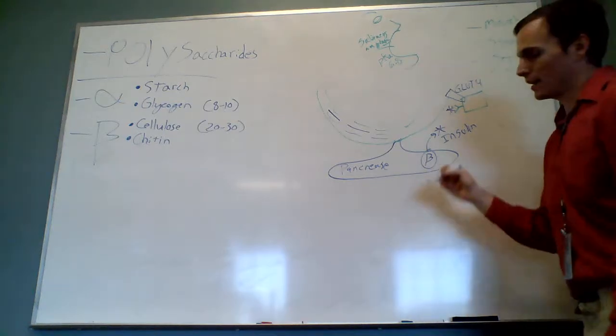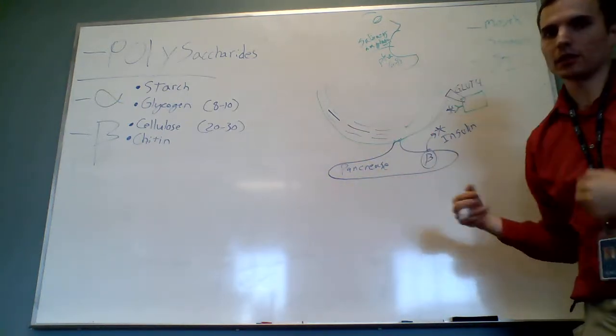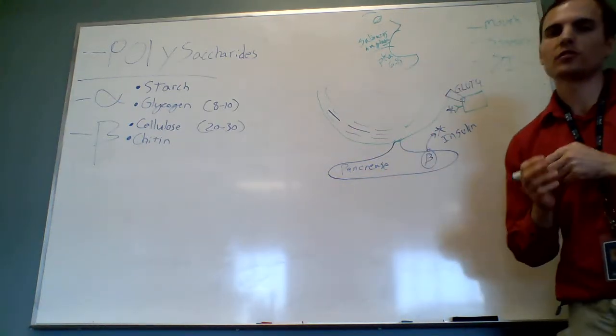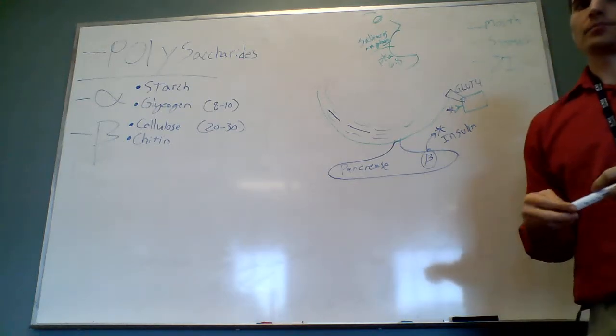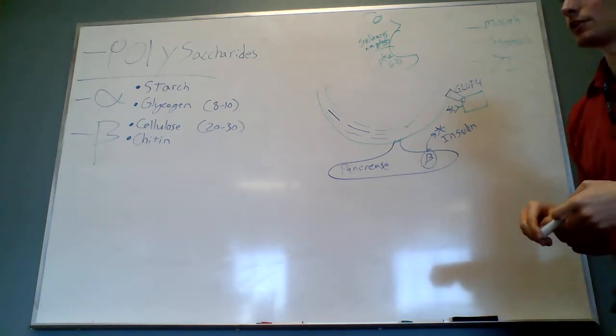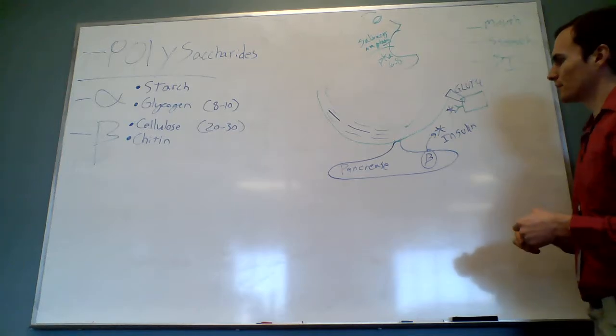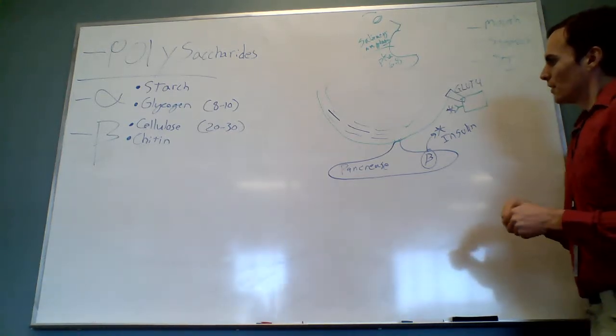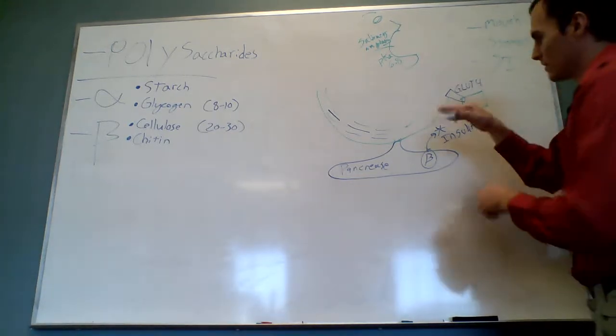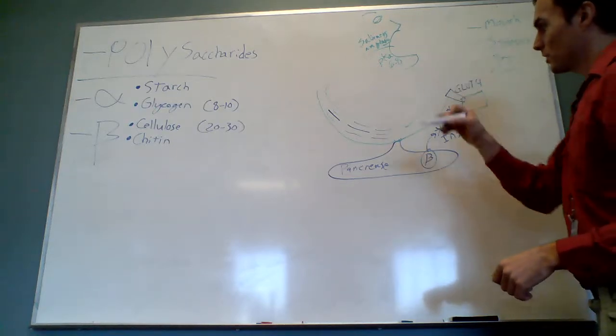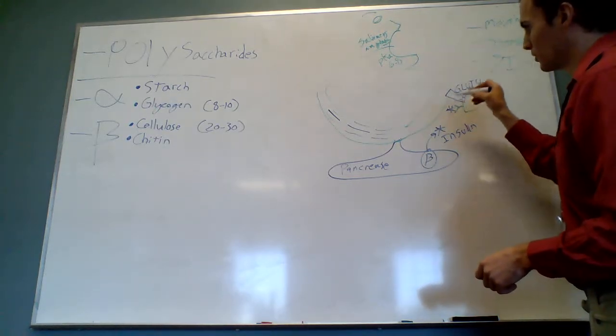GLUT4, okay? And that is to start taking glucose out of the blood and into the cell. This could be a muscle cell, this could be a liver cell, it could be a whole lot of things, okay?